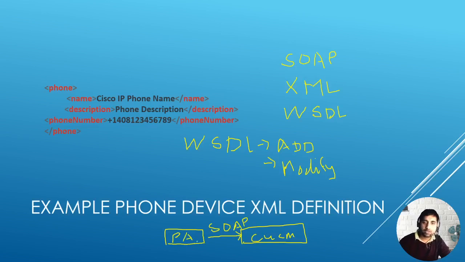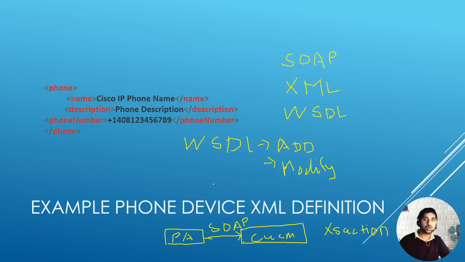Okay, so suppose this is a provisioning application which is sending an add phone request. When the provisioning application sends an add request, that is something called a SOAP transaction, right? So there is a SOAP transaction that happens, and it's an encoded XML request that is being sent.